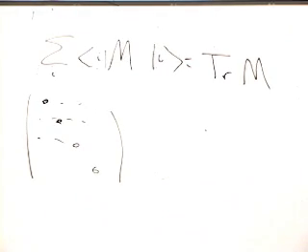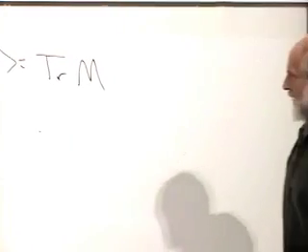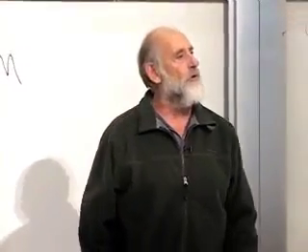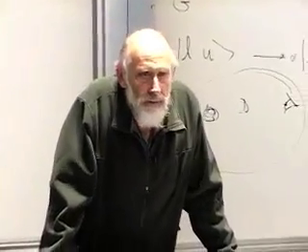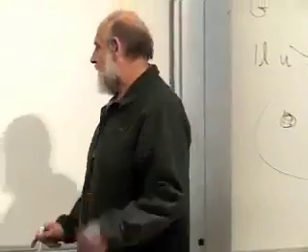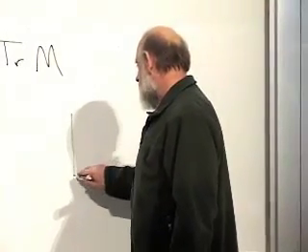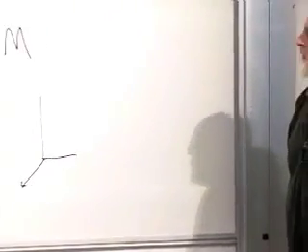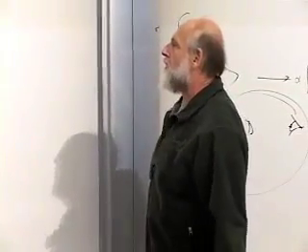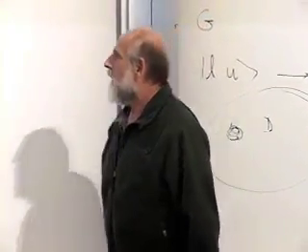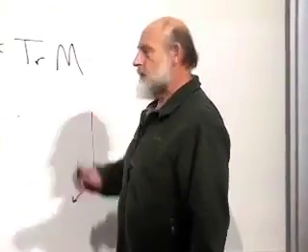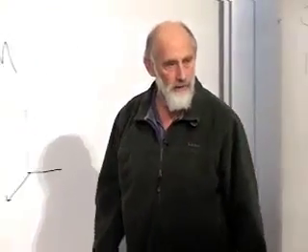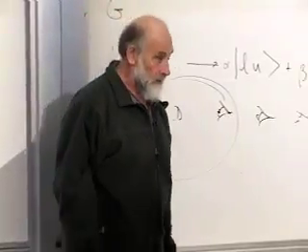Now, you might think that this depends awfully much on which choice of basis vectors you choose. There are many choices of basis vectors in a space. If it was three-dimensional space, you could rotate your axes and so forth. I'm not going to prove this. This is an exercise you can either do yourself, it's easy, or you can look it up in your favorite linear algebra book. The trace of a matrix is independent of the choice of basis vectors.